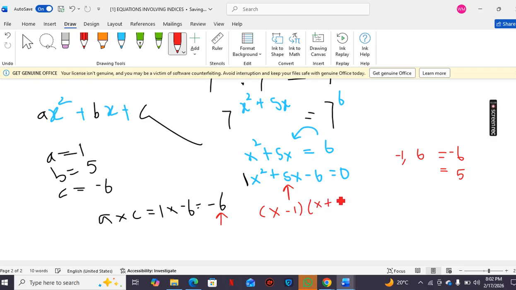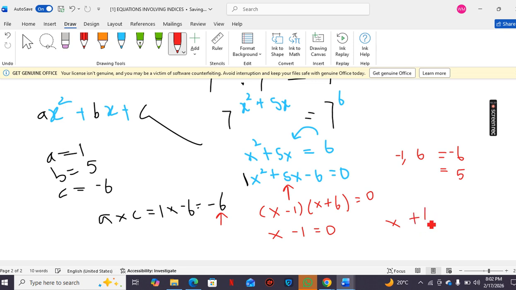Any questions, colleagues? So you solve each factor individually. x minus 1 equals 0, and x plus 6 equals 0.